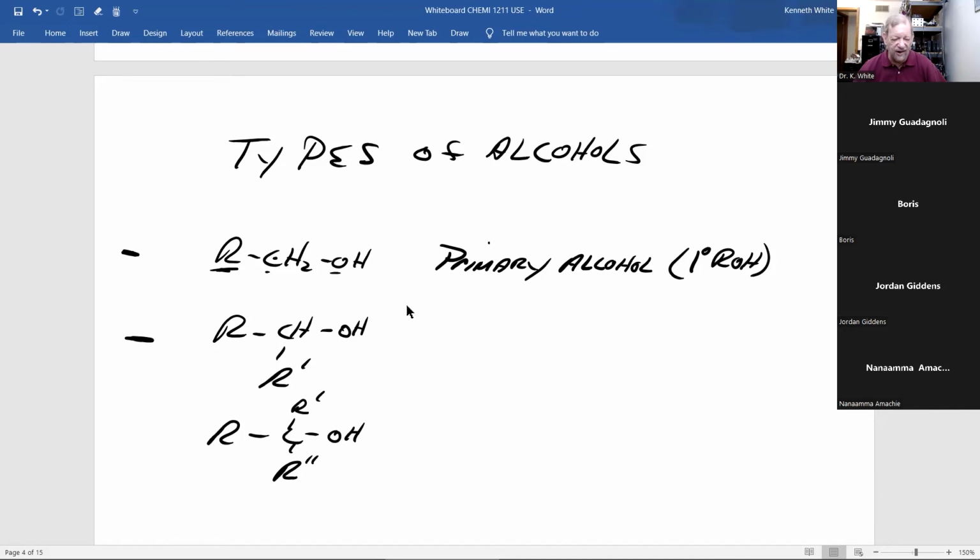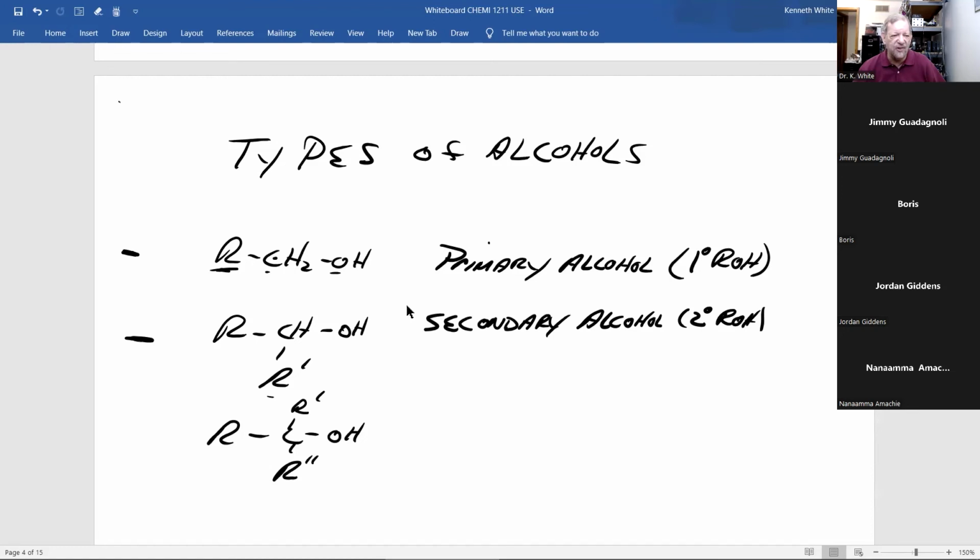This has two R groups, and it's called the secondary alcohol, abbreviated by 2 degree sign ROH. Now, what is the R prime?